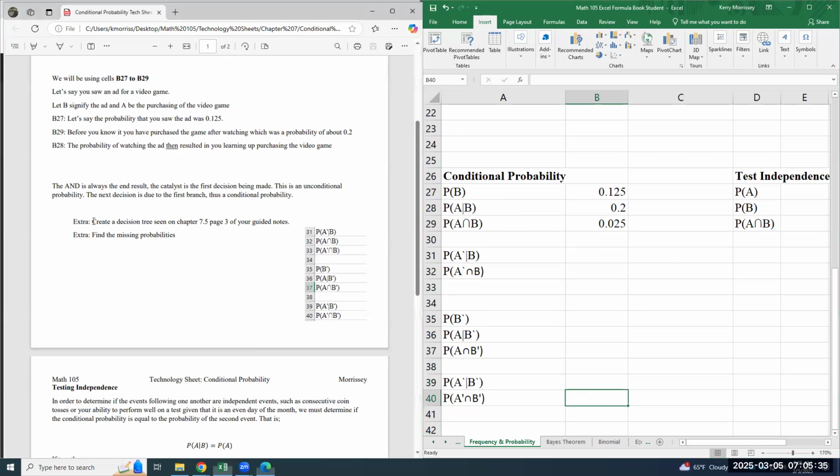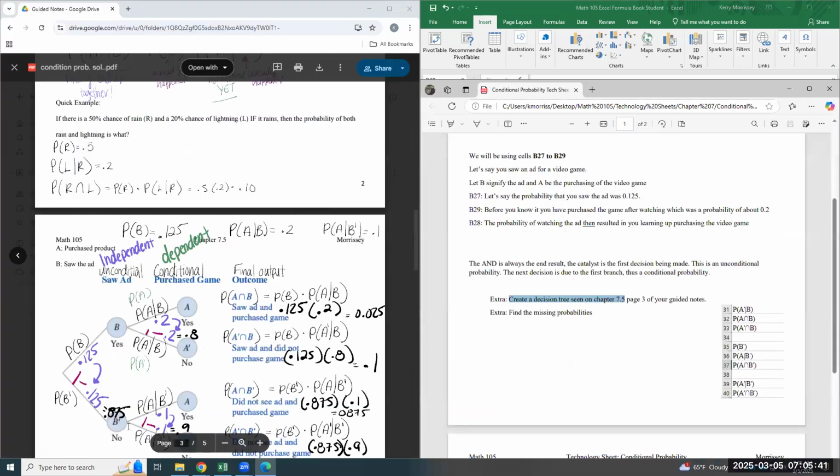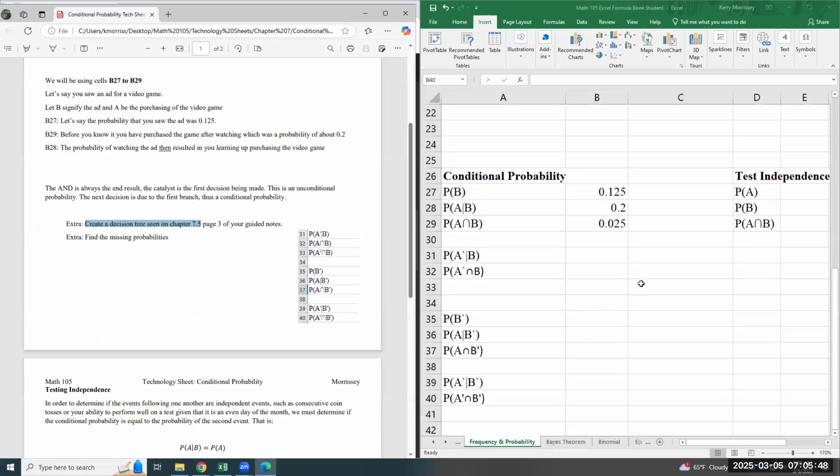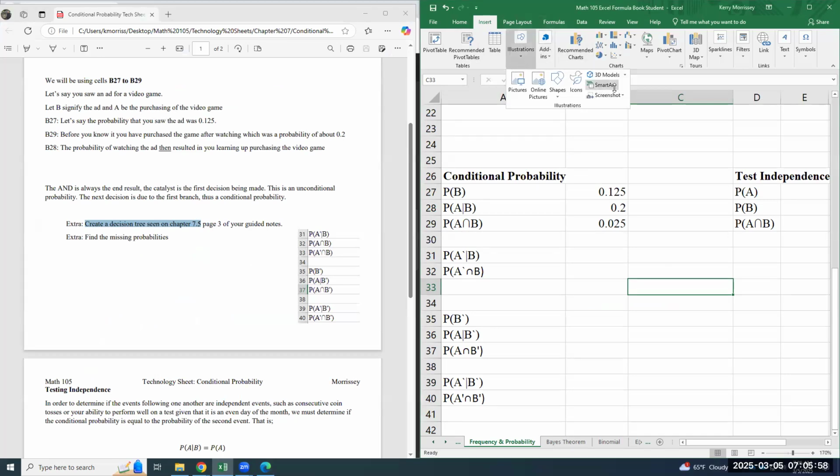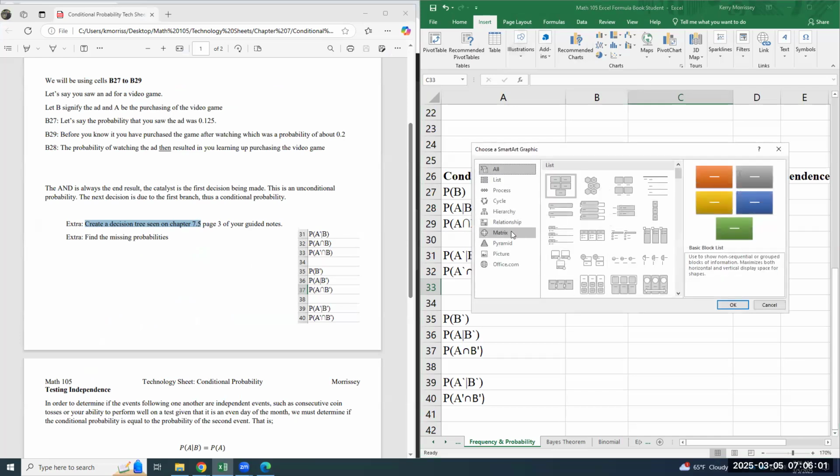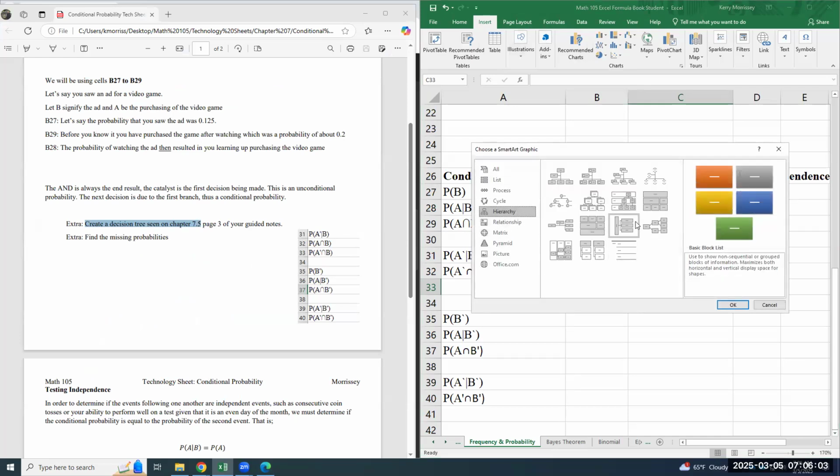And that was something else as well. Create a decision tree seen on 5.7, page 3 of your guided notes. So essentially this part here, you don't have to put these values, but we're just going to be creating this in your decision tree right here. I won't do the whole decision tree because we've done that already with your coin toss. So we can insert illustrations, SmartArt, go to hierarchy, and you can select this one or that one.